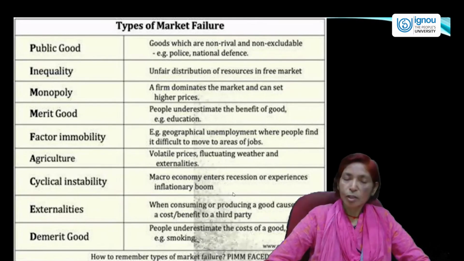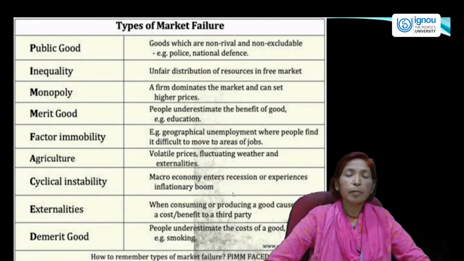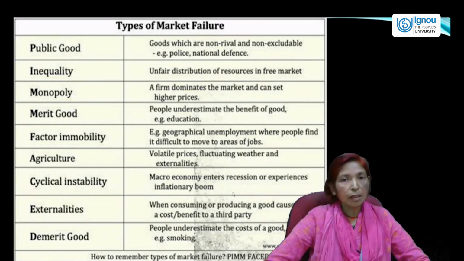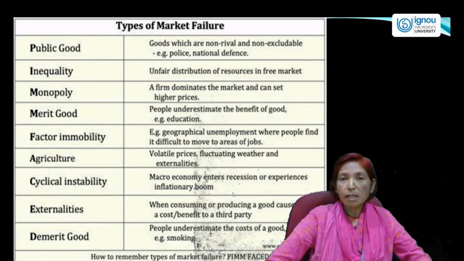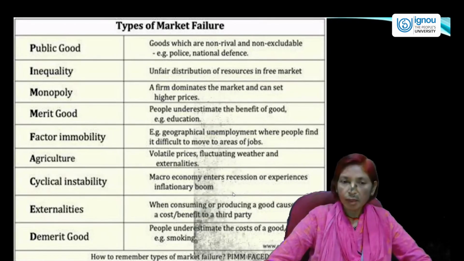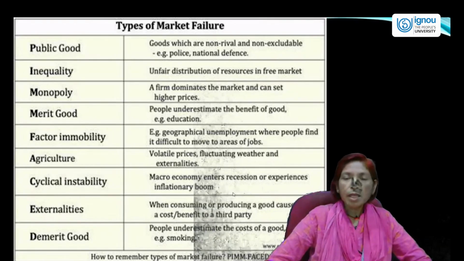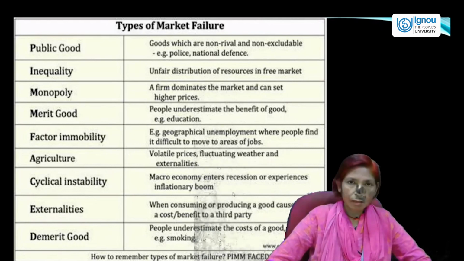Next is agriculture. We know that agriculture is the backbone of the Indian economy, and agriculture plays a very important role all over the world because it supplies food, food grains and other things necessary for survival. But in the agriculture sector, supply always remains inelastic because agriculture is a gamble on the monsoon.